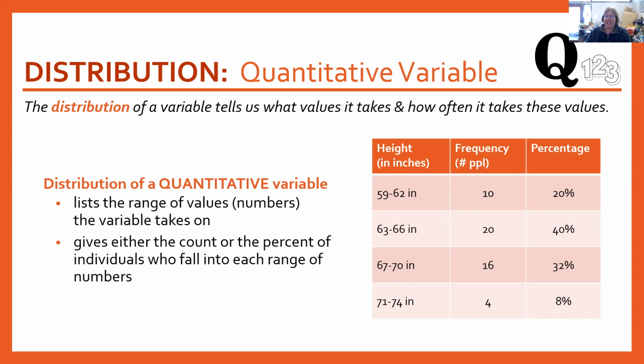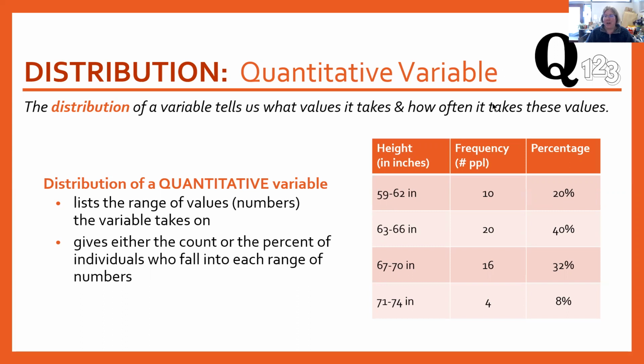So 59 to 62. Then 63 to 66, then 67 to 70, and then 71 to 74. So you're going by that same amount each time, and that's how you're making the group. And then you count how many data values fit within that range. So in this case, there were 10 people between the height of 59 and 62.